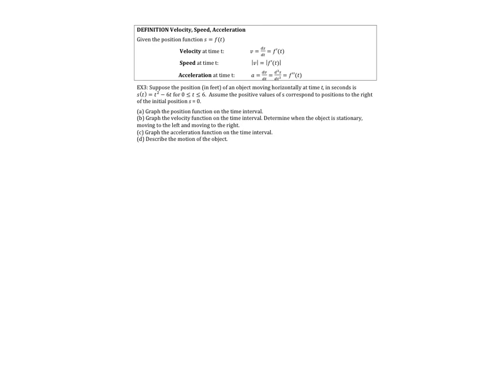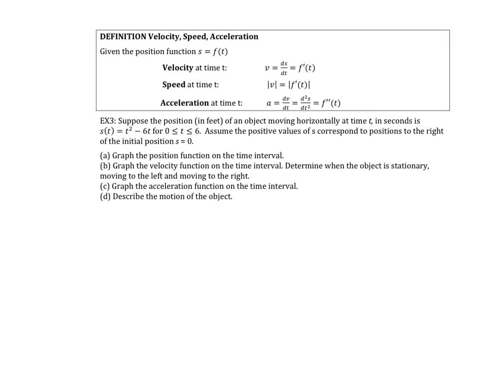Let's look at this following definition that describes what we were doing. This is the definition of velocity, speed, and acceleration. So to find the velocity, if you do have a position function, you would take the derivative of your position function.